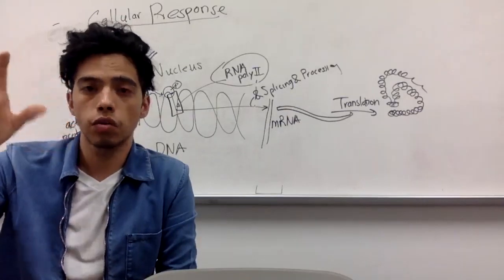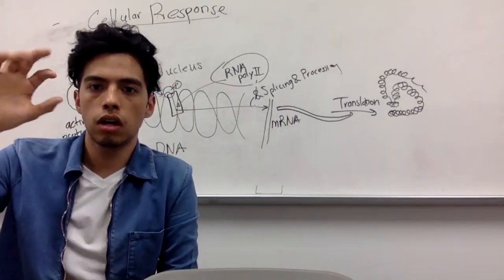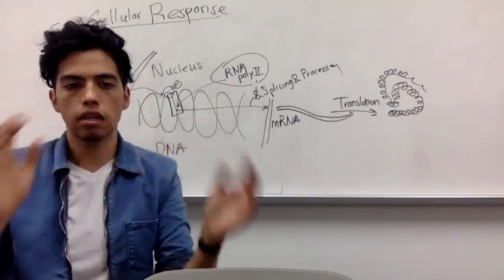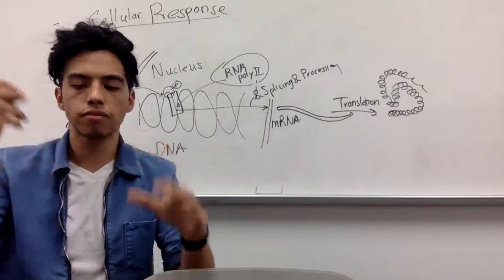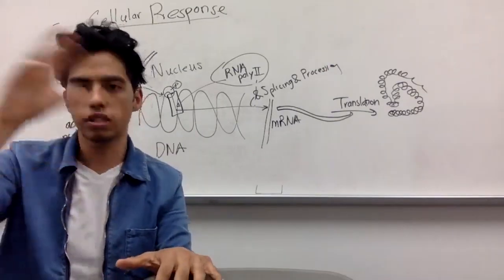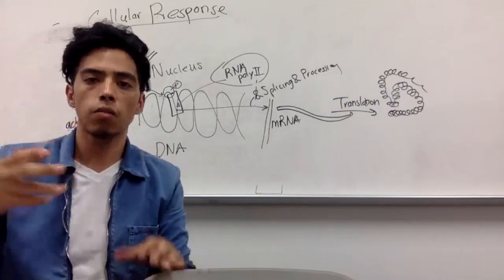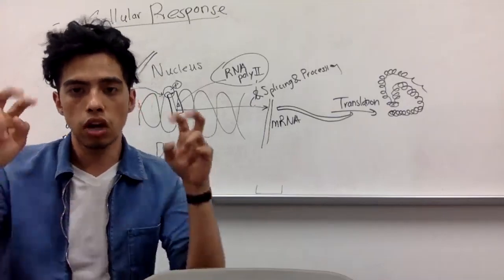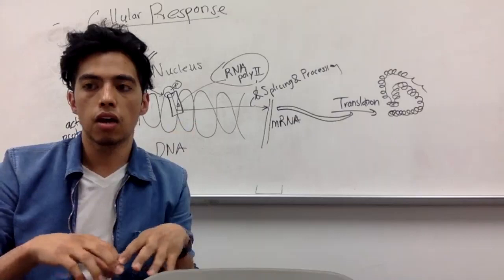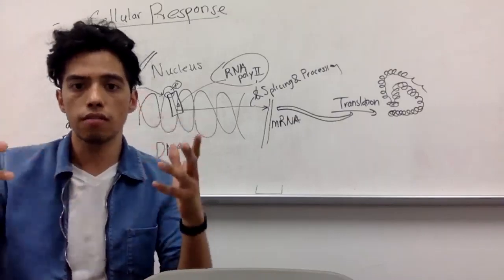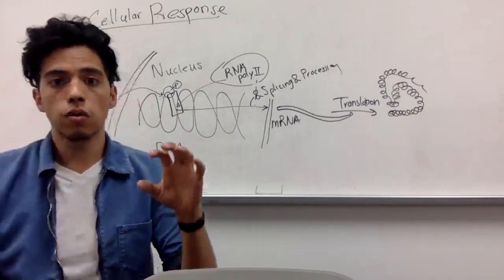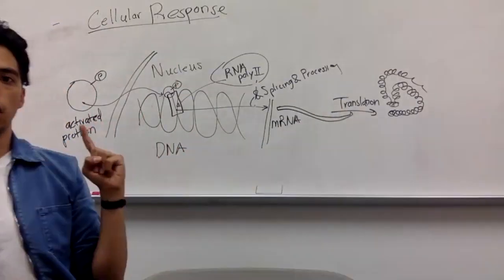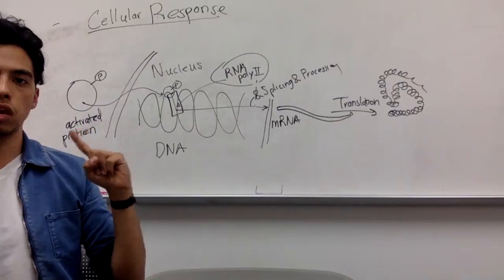I'm not particularly sure from where, but a ligand, a signal molecule, will come and bind to a receptor on the outside of the cell, telling it, hey, we're in a very hot environment. We need to create heat shock proteins that are going to help us survive in this very hot environment, right? And so this whole process goes: you get reception, then transduction, and then out of transduction, you get this.